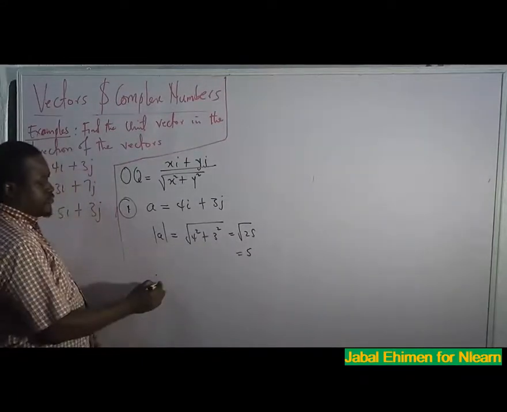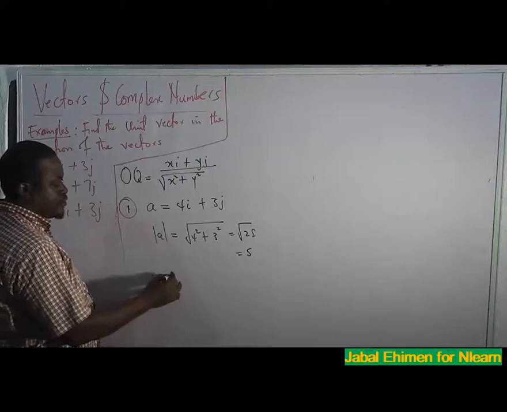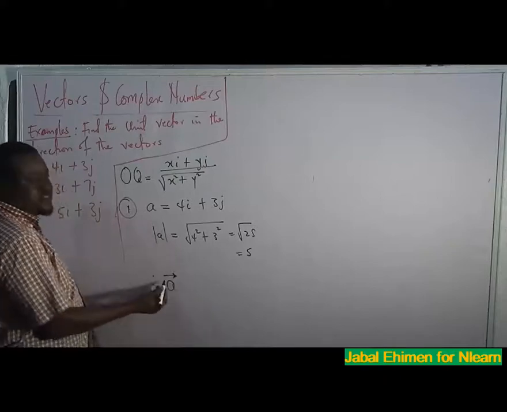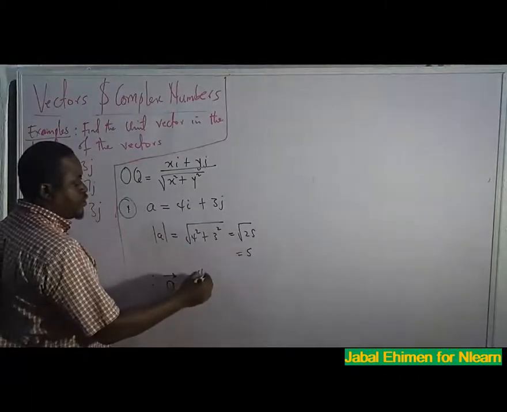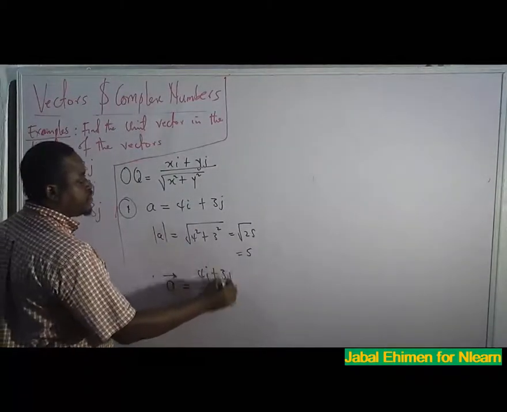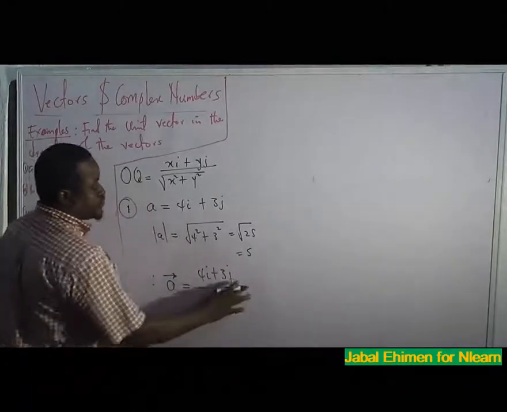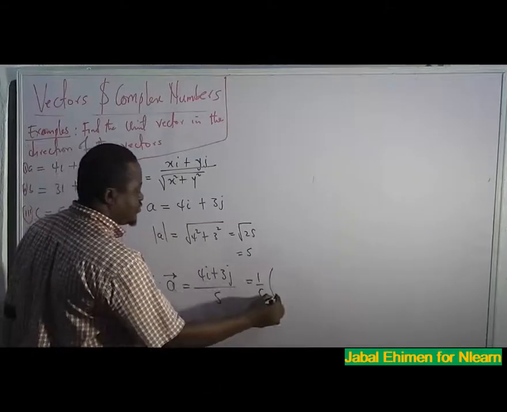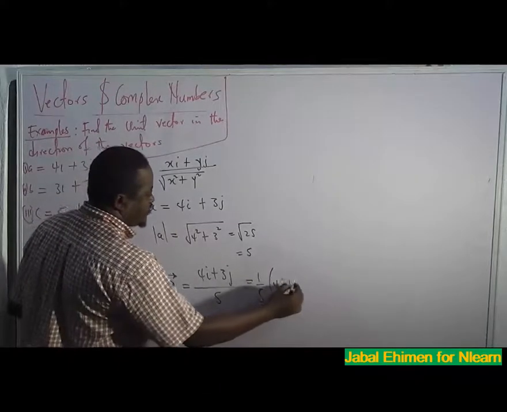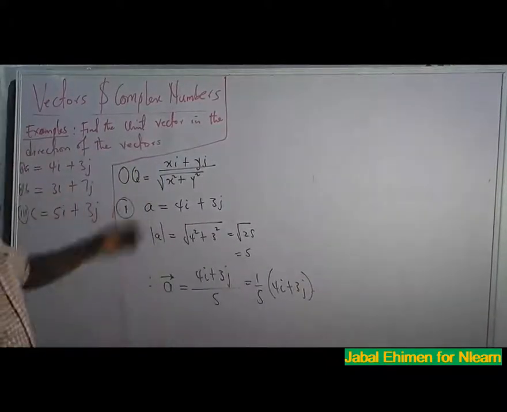So therefore, the directional cosine of A, that's the sign for it, you put it at the top. The direction for this will become 4i plus 3j divided by 5. Sometimes, if you want to make mathematics interesting, you can make it 1 over 5 into bracket 4i plus 3j. Depends on you. Now, that is for question 1.